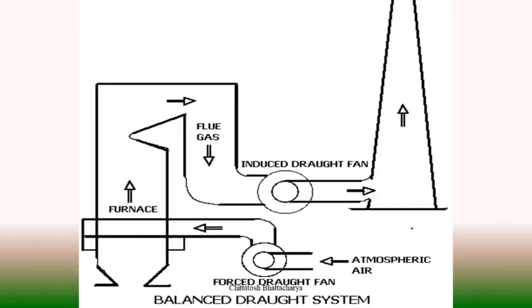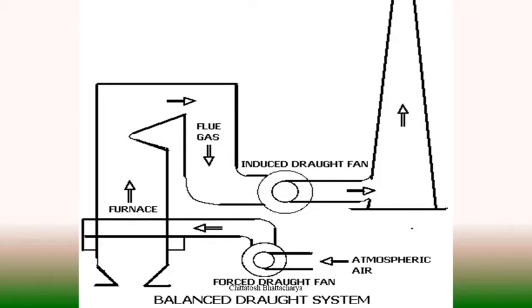Almost all modern power generation boilers and high capacity utility units have both forced draft fans and induced draft fans, and the combination of these two creates a balance in the draft pattern within the boiler system.